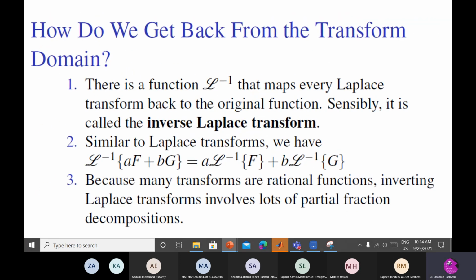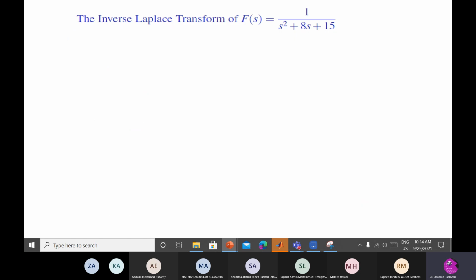We know how to find Laplace. Now we would like to get back. We got back using Matlab. We would like to get back by hand. How can we find the Laplace inverse transform for this one?